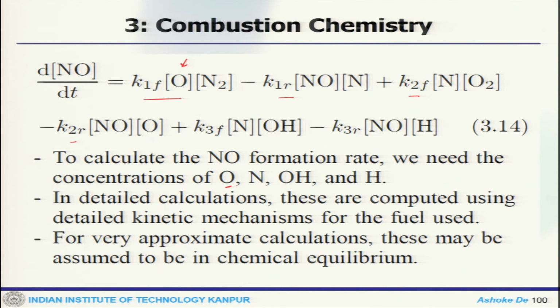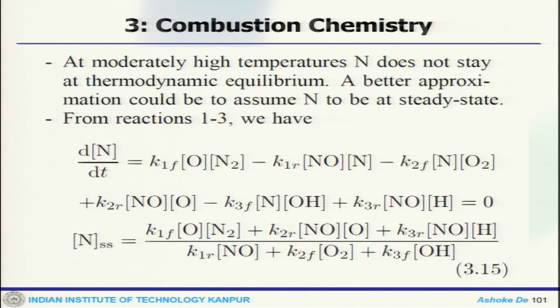Now, when you go to detailed kinetic mechanisms and the fuel used, you can calculate from those. Otherwise, one may very crudely approximate them by assuming chemical equilibrium, and then you can calculate these things. Now, at moderately high temperature, NO does not stay at thermodynamic equilibrium.